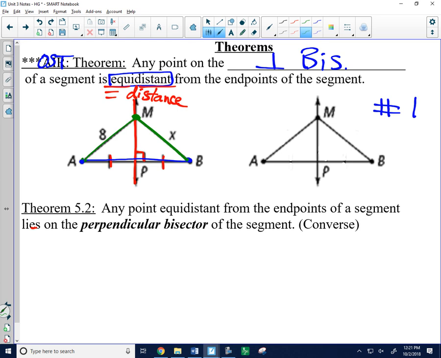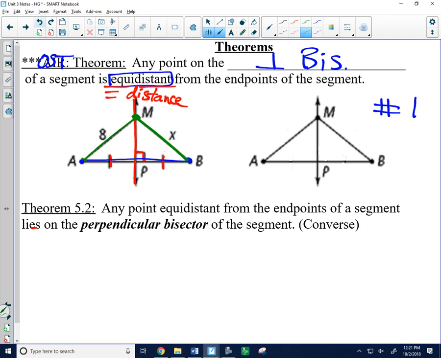And hopefully that should make sense. If it's on a perpendicular bisector, it's straight up and down, and it went through the middle of the segment. That's why it works. Then I go up here, I can choose any point, so there to there, and A to B there, congruent. That segment and that segment, same length. Any point I chose on my perpendicular bisector.